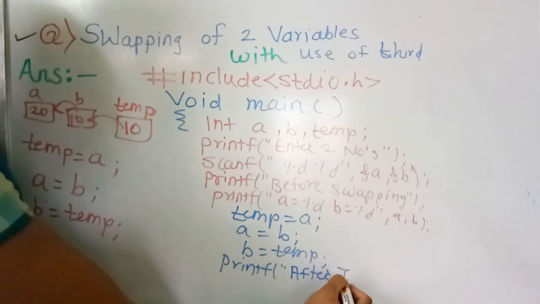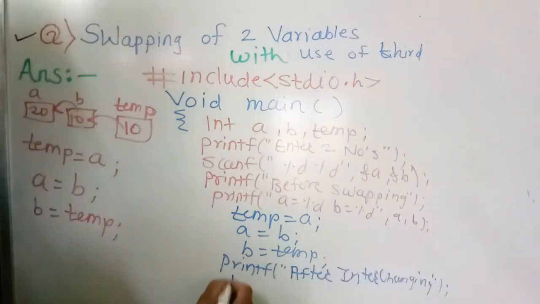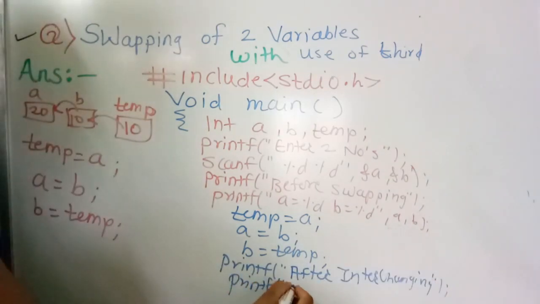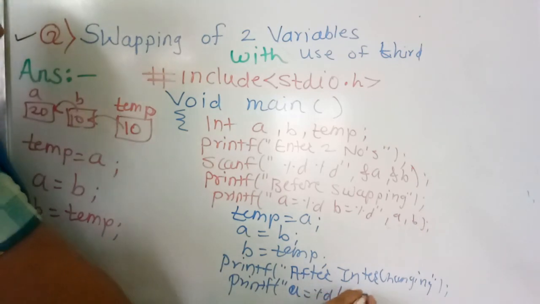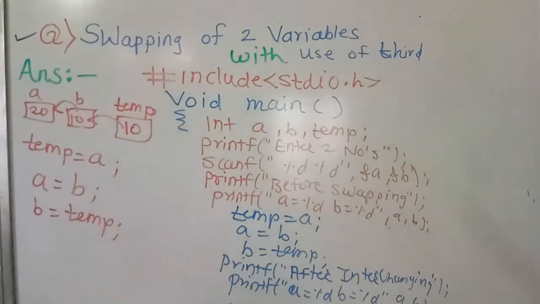So after interchanging, we will print again A equals to %d, B equals to %d, A comma B. So these are the two programs which give us the flow of how to interchange the values of variables with the help of a third variable and without the help of a third variable. So this is all about the interchanging mechanism. Thank you so much.